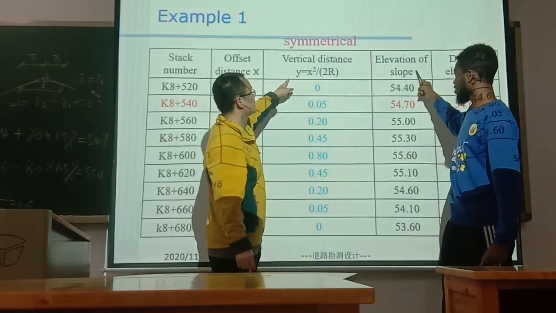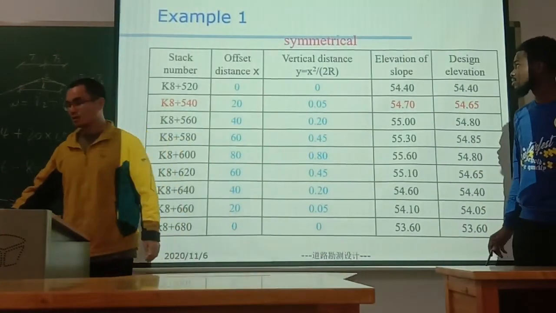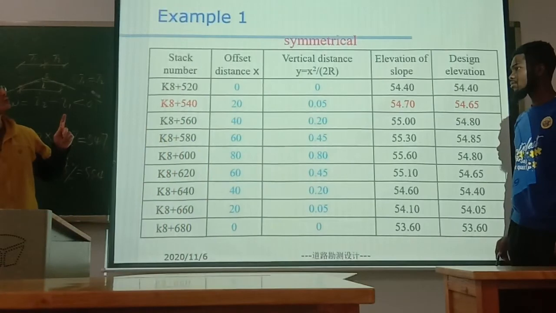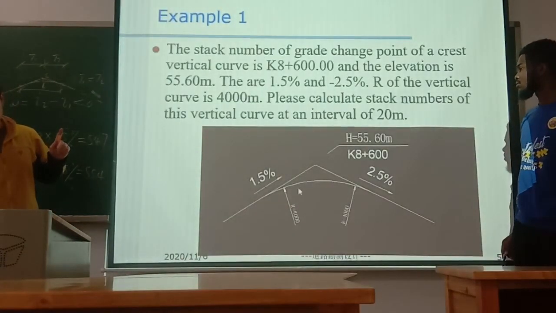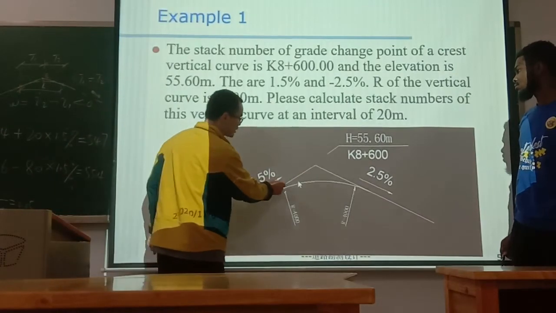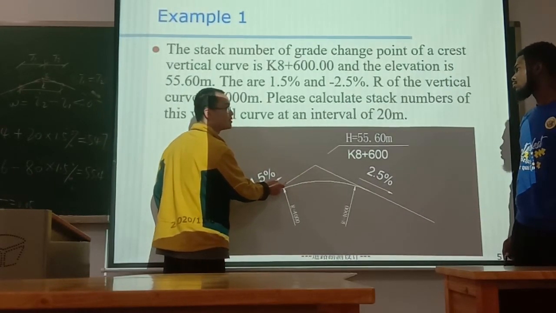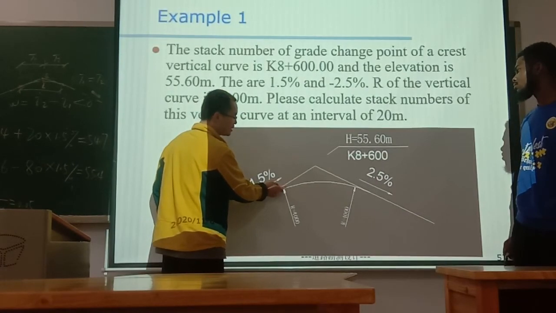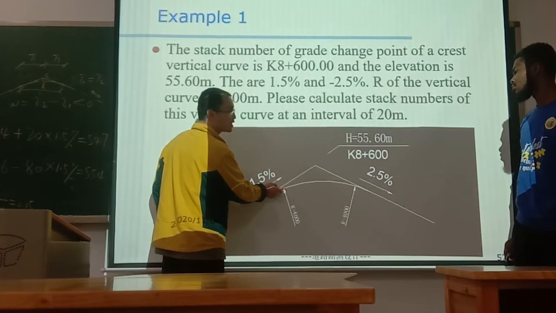And this one, the elevation of slope, is T or S? It is the height on the tangent line. The elevation point on the tangent line. And the design elevation is on the vertical curve.